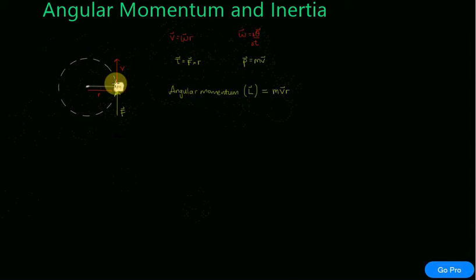We would have a problem if this object was anything other than a point mass. If it was maybe a long bar, the mass is not uniformly distributed at a given distance. In this case, all the mass is located a specific distance from the axis of rotation. But in something like a bar, if it were rotating around the endpoint, notice that this bar is made up of mass all along its length.